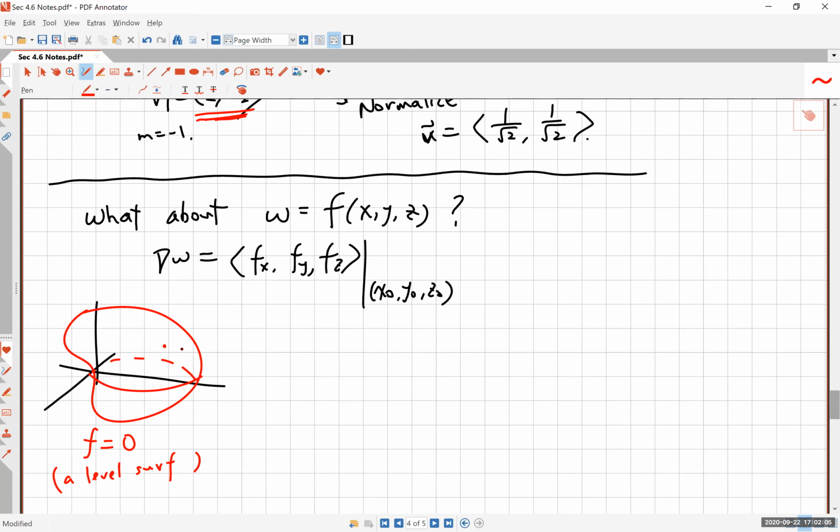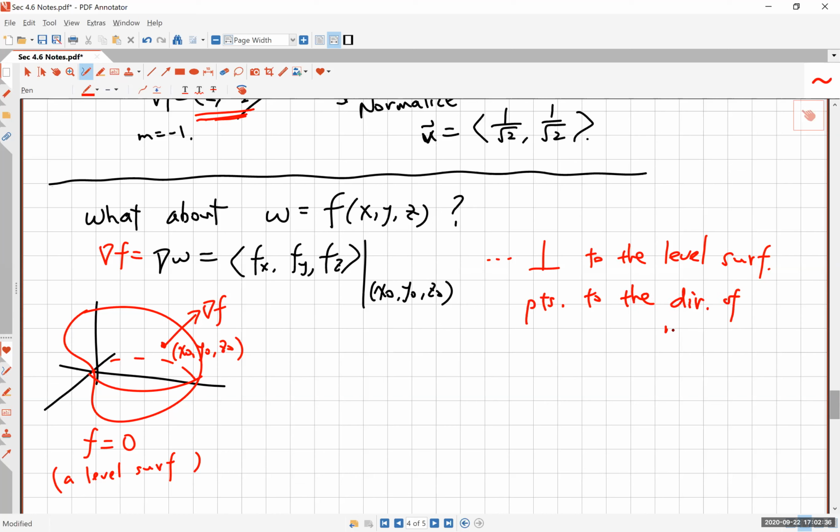And if this is the point x naught, y naught, z naught, guess what? The gradient of f, which is the gradient of w, same thing, is also going to be perpendicular to the level surface going through x naught, y naught, z naught. And it points to the direction of the maximum rate of change.